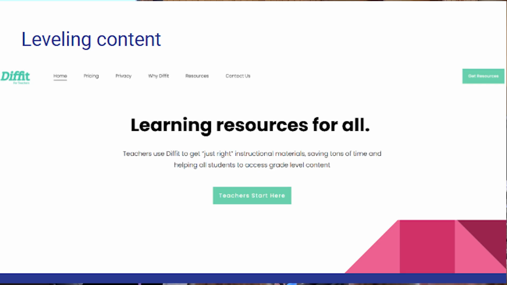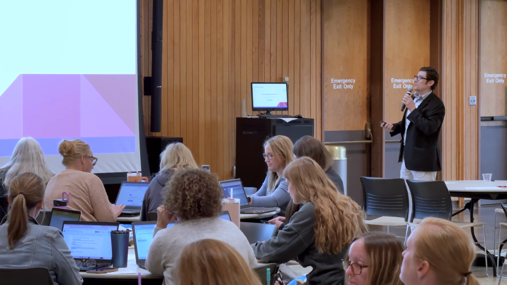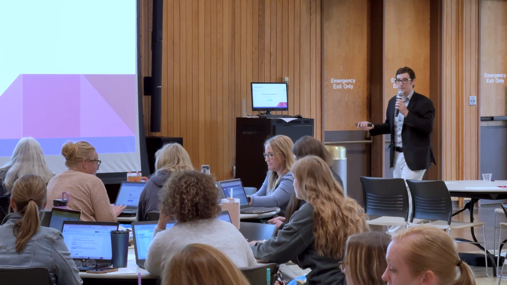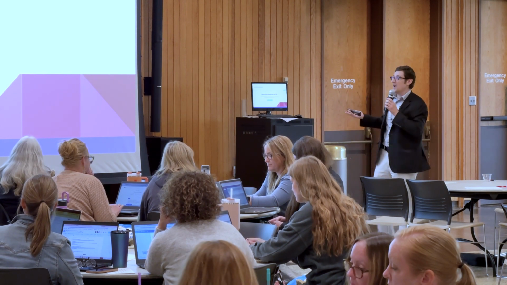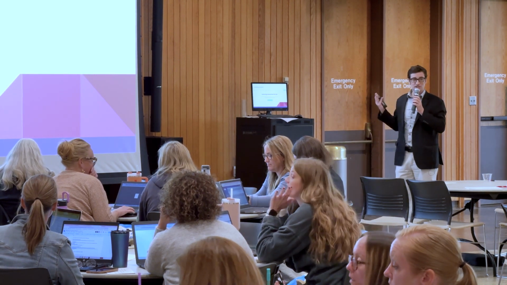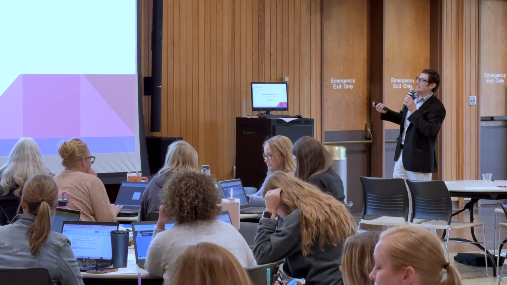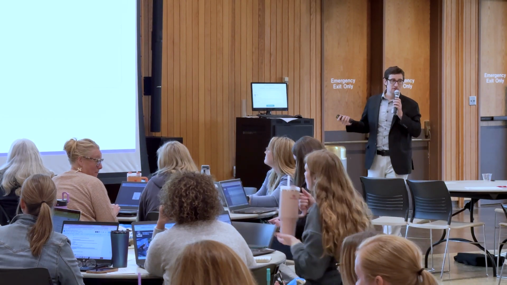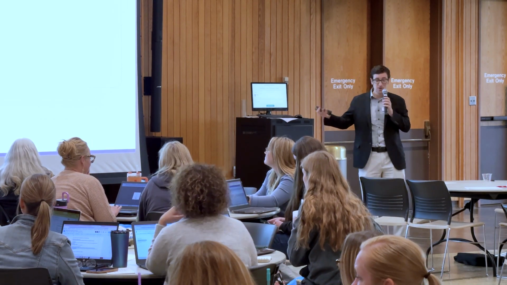Diffit is pretty cool. One thing that I want to point out, and it's kind of unrelated to our historical search, but leveling content is, I've always found very useful. And it was very, very time consuming and difficult to do before AI, and it's actually so much nicer now in a lot of ways. But Diffit actually, they've paid for the rights to a lot of books, including a lot of award-winning books.